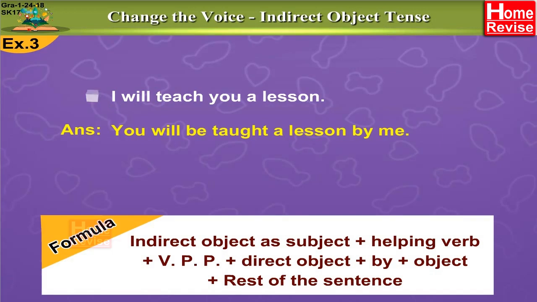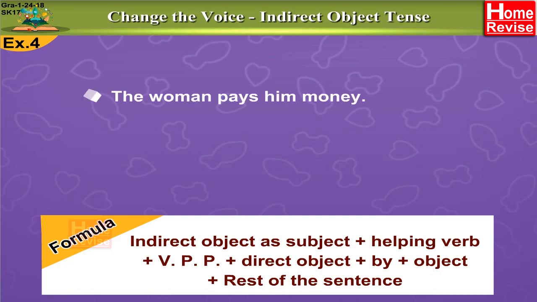Let's take another example. The woman pays him money. Whom does the woman pay? Him. So him is the indirect object. But as I had stated earlier, the indirect object in the passive voice is at the beginning, so it must come in the subjective case. Here, the subjective case of him is he.